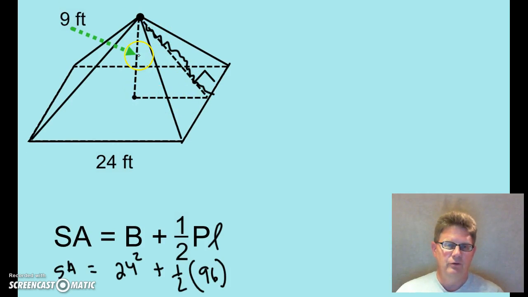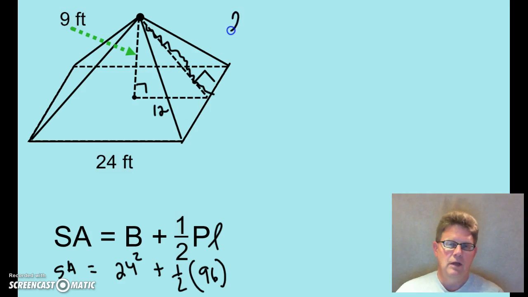Okay, we got a triangle set up here. The height of the pyramid is always going to be perpendicular, so that's going to be a right triangle. And half the length of one of the sides, that would be 12. We'll use the Pythagorean theorem.